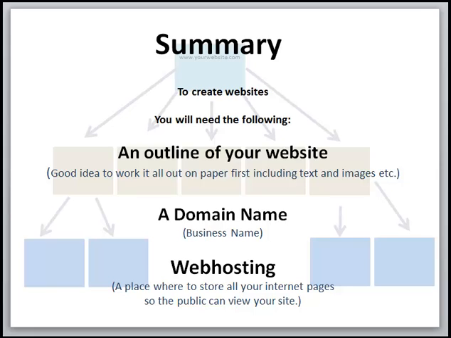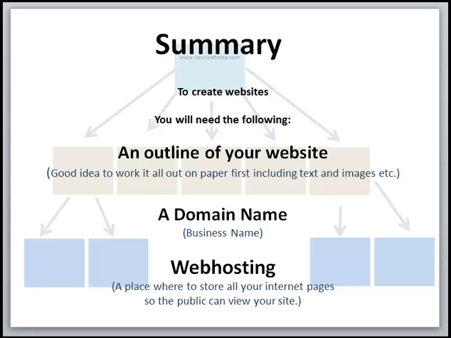The next thing you will need is a domain name. It could be a .co.uk name, or a .com name. As a guideline, .co.uk, if you're in the UK, is cheaper per year than .com. .co.uk is about £3 to £4 a year, but .com is about £8 to £11 a year.